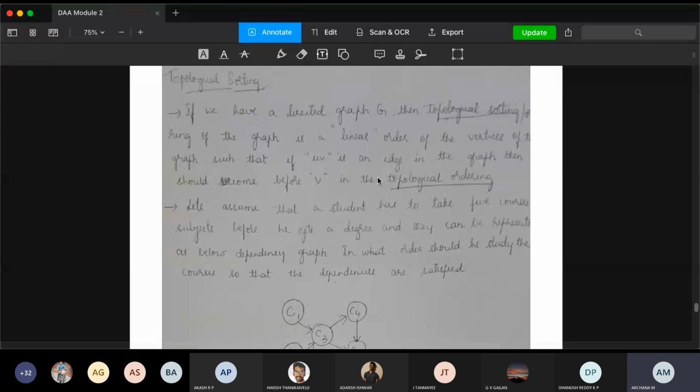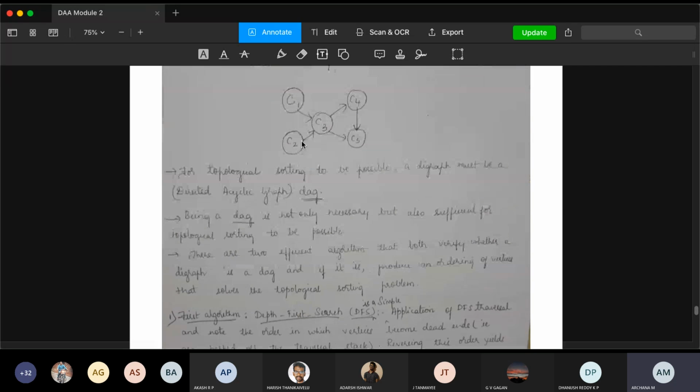So there will be an edge from U to V, and U should come before V. That is the very important ordering of topological sorting, and topological sorting can be done only on directed and acyclic graphs.